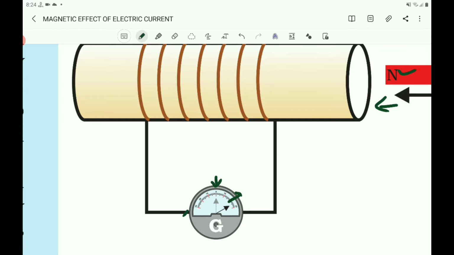Here you know that a galvanometer is a device to detect the flow of electric current in the circuit. So the ends of the coil are connected to the galvanometer.